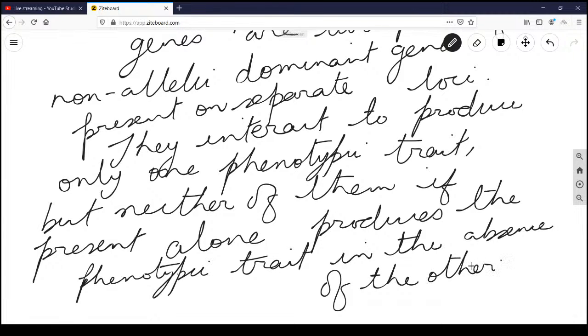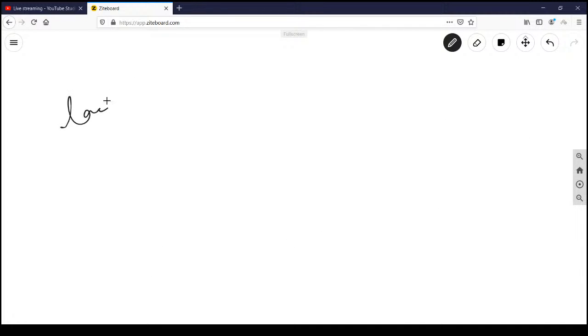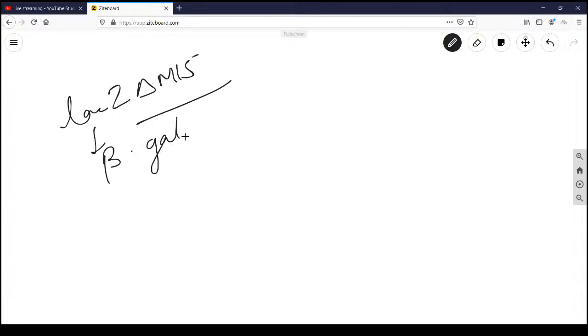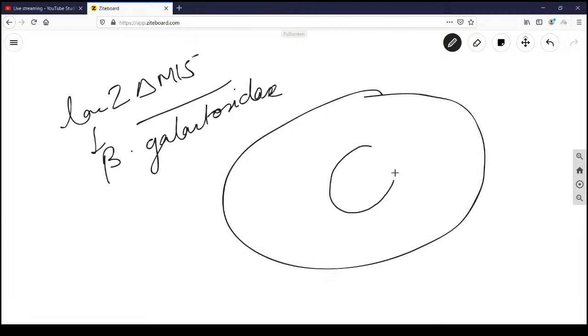I taught you not the ratio, but one thing: the blue-white screening, if you remember, with X-gal. There was this thing known as the lacZ delta M15 mutant, beta-galactosidase containing lac on the E. coli circular nucleoid DNA, meaning genomic DNA.